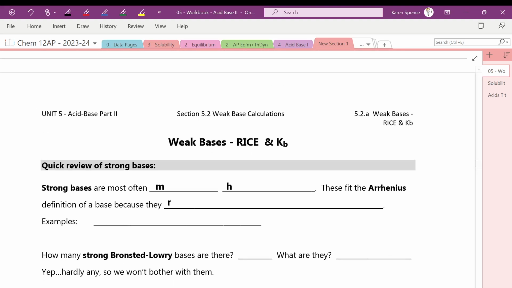Page 23. To be honest with you, AP doesn't look a lot at indicators other than their use in titrations. But the regular exam does, so yeah.